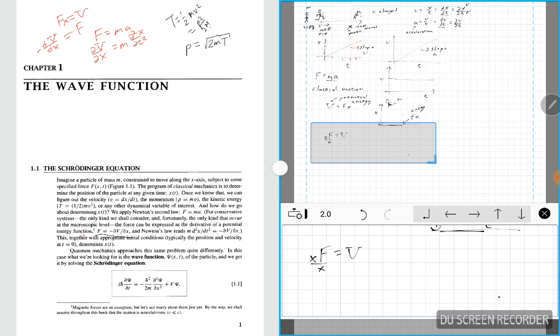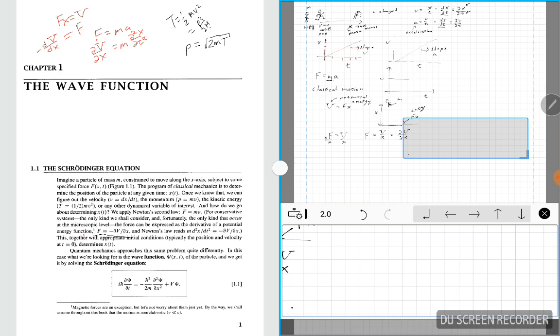So I can divide both sides by x, and I see that my force is my potential energy divided by my distance, or I could write that as my change in energy over my change in distance. If I was going to graph, let's say, the force, so we have our potential energy and we have our distance.